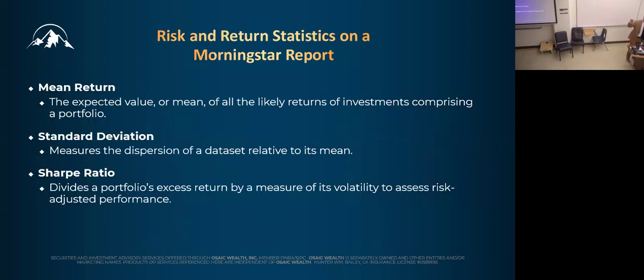So on a Morningstar report, we've got a couple here. We've got 3 measurements. One is called mean return, which is the expected value or mean of all the likely returns of investments comprising a portfolio. So essentially the idea is that we are looking at all of the historical data we have, and we're using probability and statistical analysis to think, what's the likely giant group of returns that we could have?